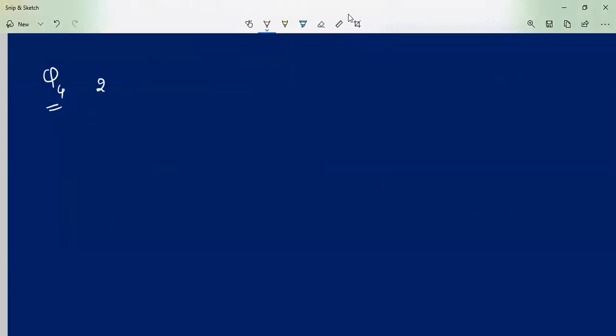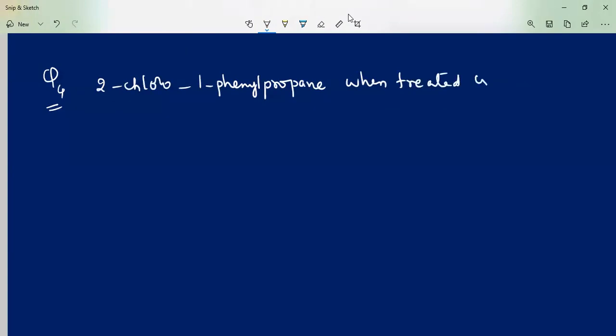The question is: 2-chloro-1-phenyl propane, when treated with alcoholic KOH, gives dash as the major product.